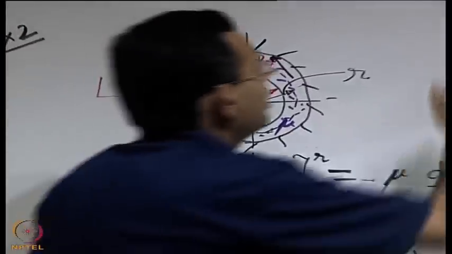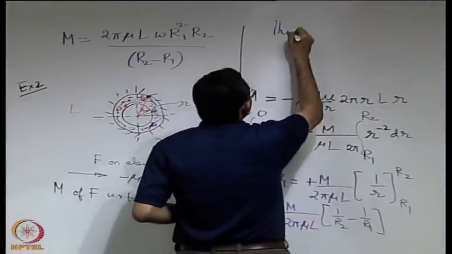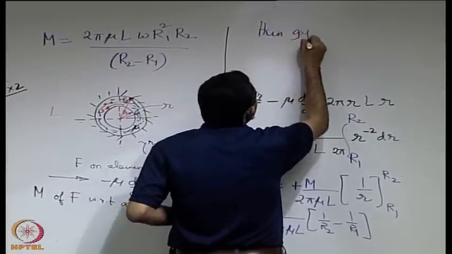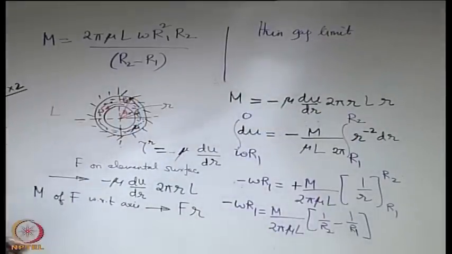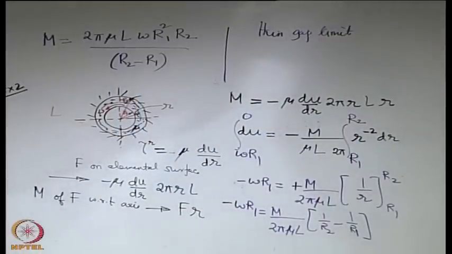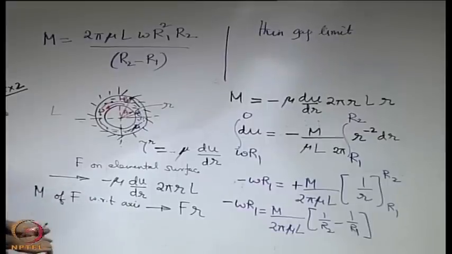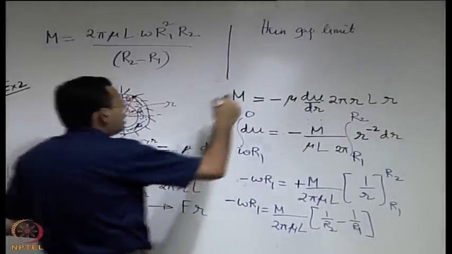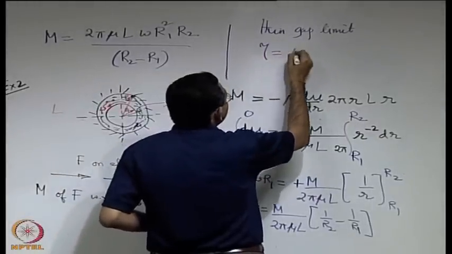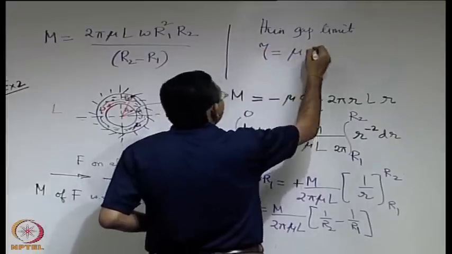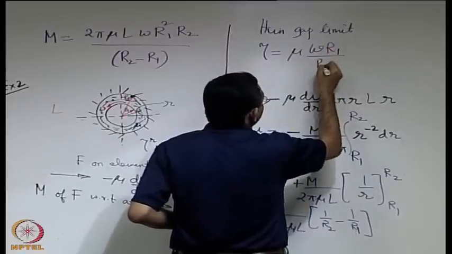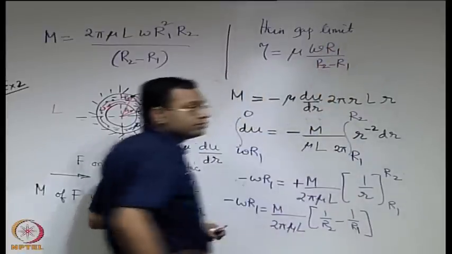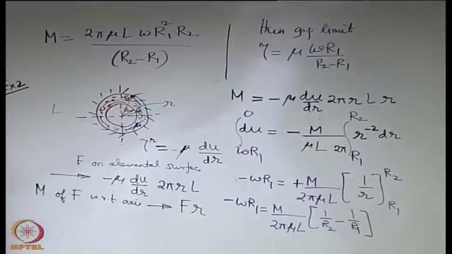So, in the thin gap limit, you have tau equal to mu into omega r1 divided by r2 minus r1, that is omega r by h, dv dy.